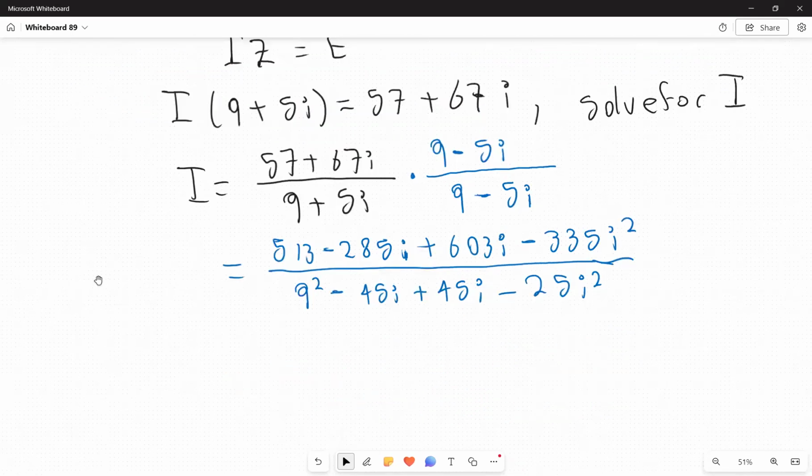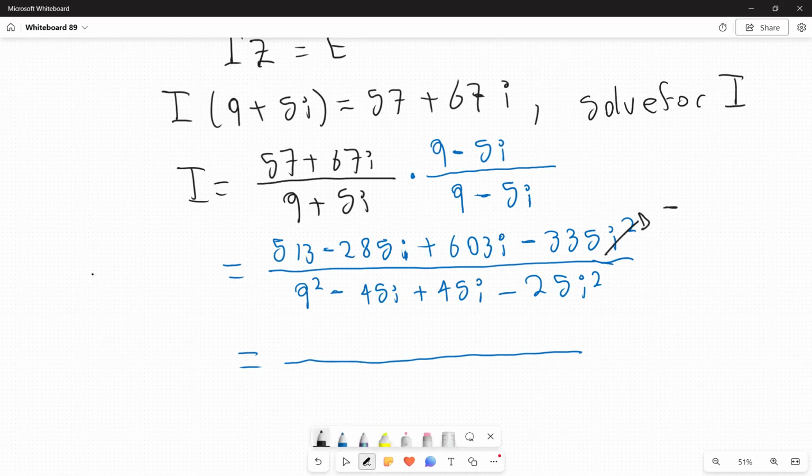So next we're going to simplify. We add or subtract complex numbers the way we do polynomials, by combining like terms. So combine the terms with i and the terms that don't have i, and i squared is negative 1.